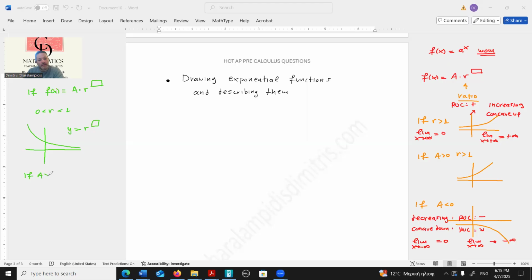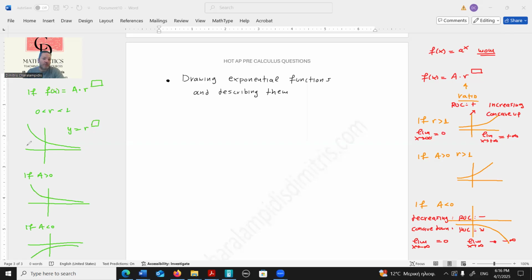If a is greater than 0, once again, like before, this is described as a vertical dilation. So the only thing that happened was that it was simply stretched or shrunk upwards or downwards. If, however, a is negative, this would have caused a reflection on the x-axis, which would have been like that.